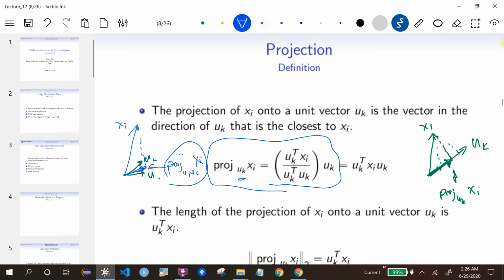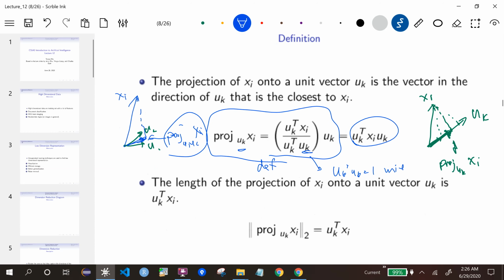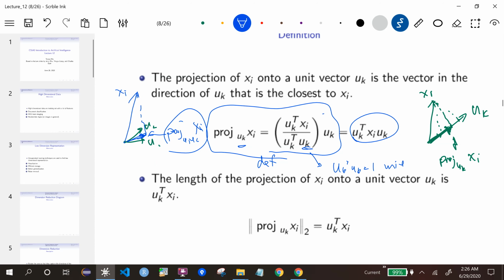This is the definition. Given the definition, we know that these u's are unit vectors, so u transpose u is 1. Then we can get rid of this, and we're left with this expression here. So this is our general formula, and this is just for the unit vector projection.